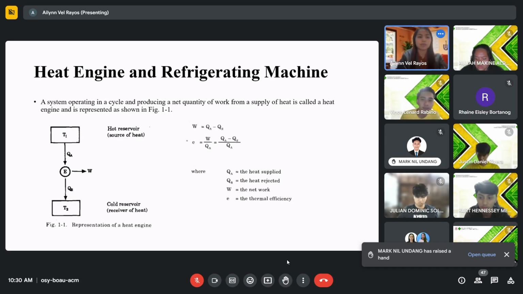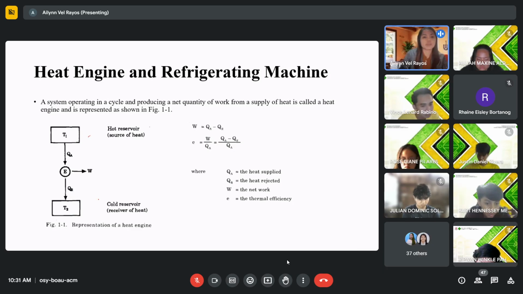Ibig sabihin, the temperature difference from the hot reservoir to the cold reservoir is used to have work output, like in a steam turbine heat engine, where blades are rotated by high temperature, high pressure steam, producing output work.